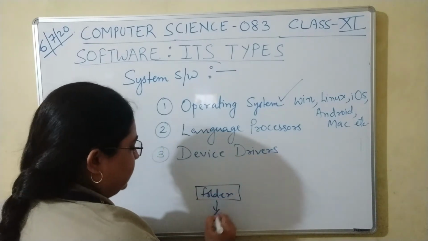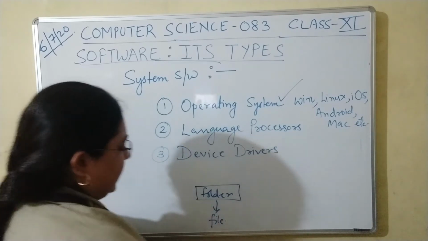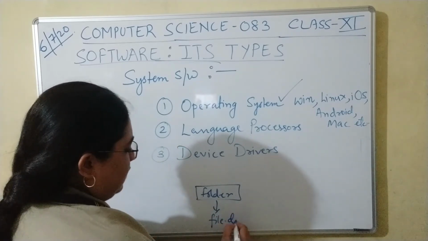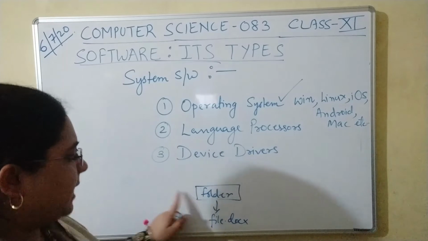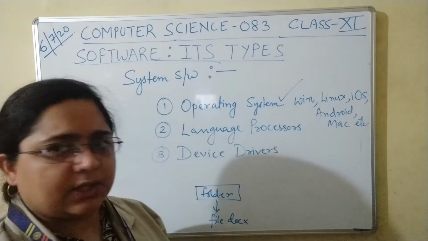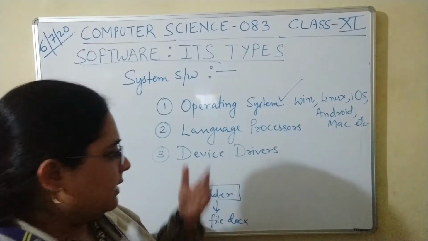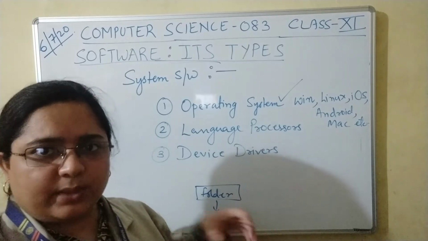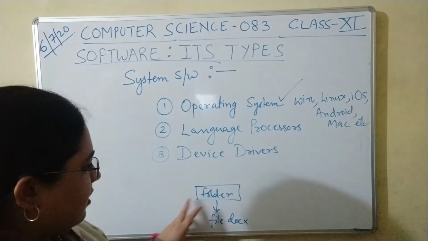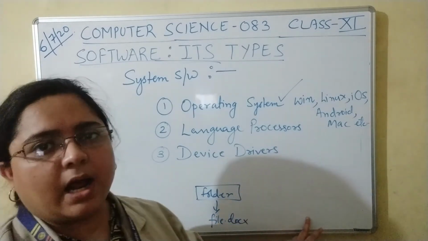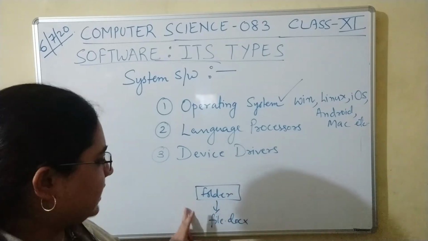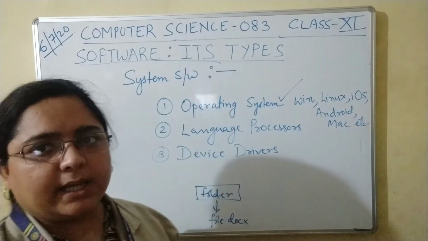Your operating system will take the name of the file from you, it will also take the path from you, and it will send instructions to its underlying programs in order to save this in your hard disk. So this type of task can be done using the operating system.